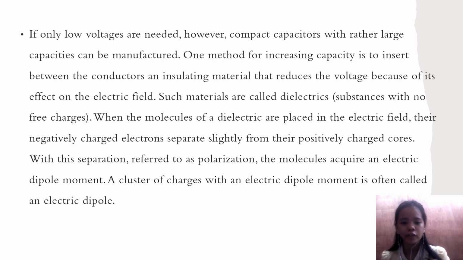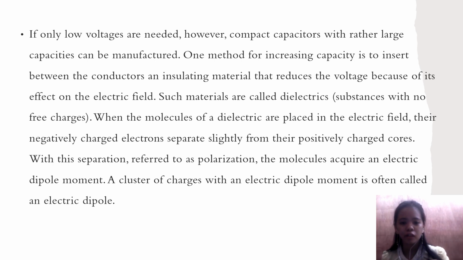One method of increasing capacity is to insert between the conductors an insulating material that reduces the voltage because of its effect on the electric field. Such materials are called dielectrics. This is a substance with no free charges.